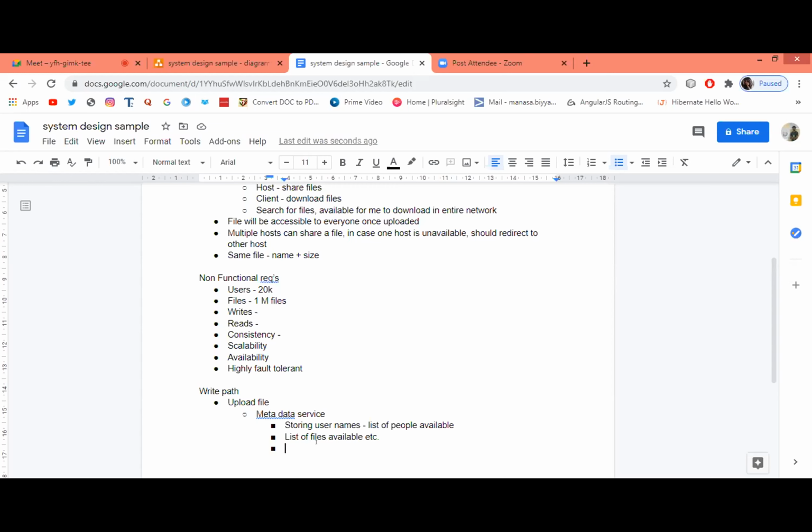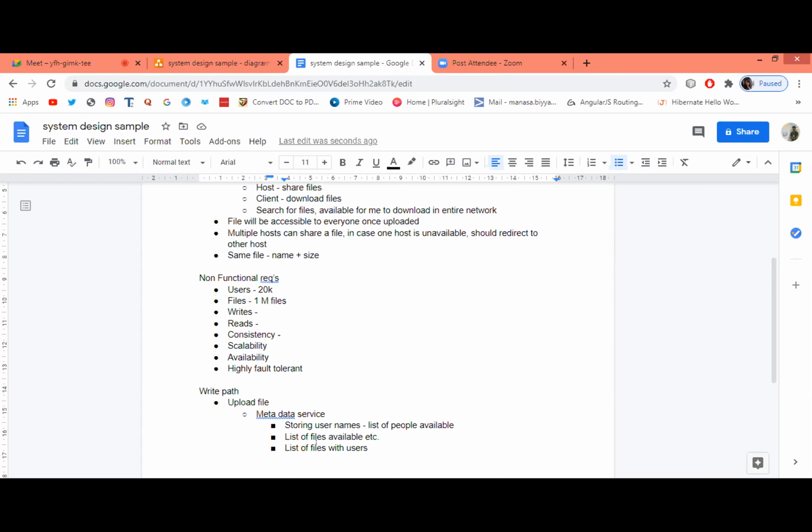Okay. And where are we going to store this information? So we can choose either a relational database to store this data or a NoSQL database.